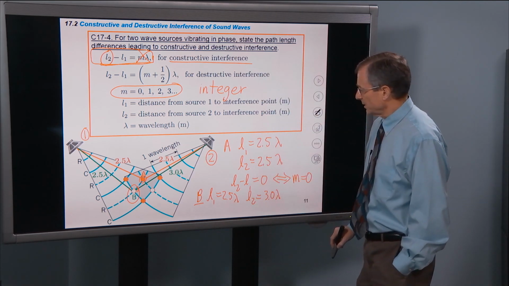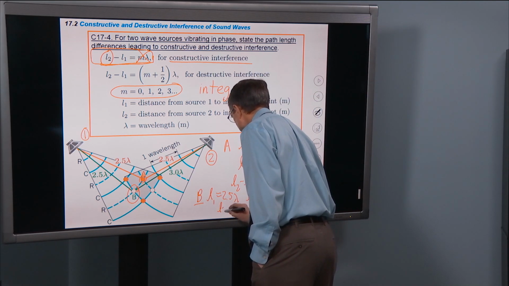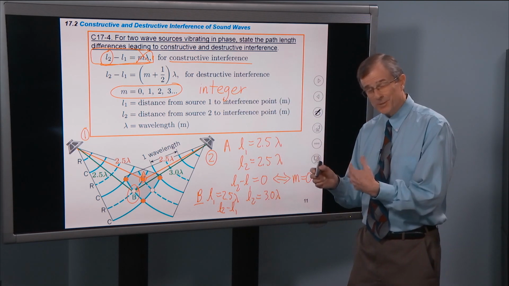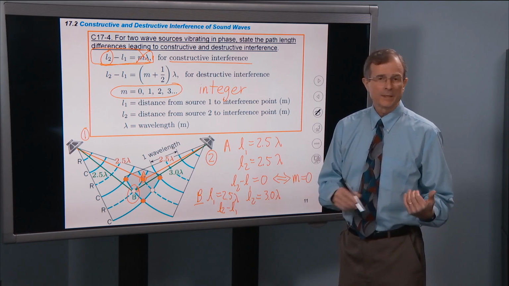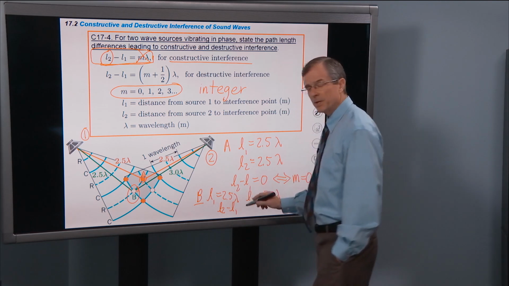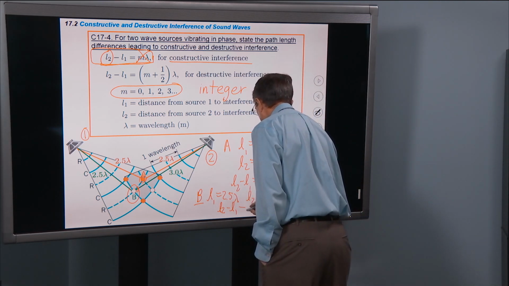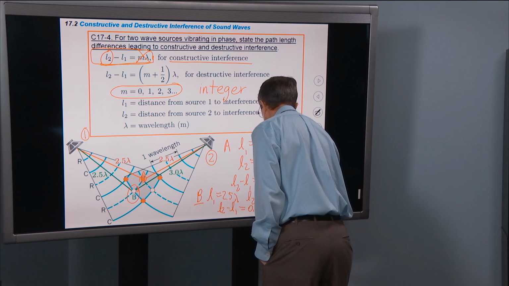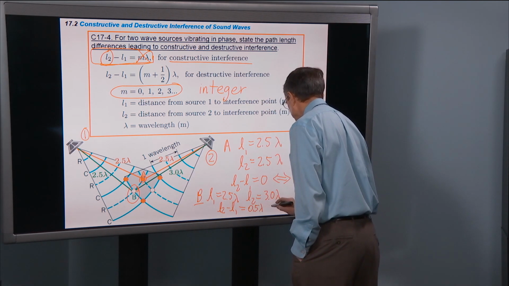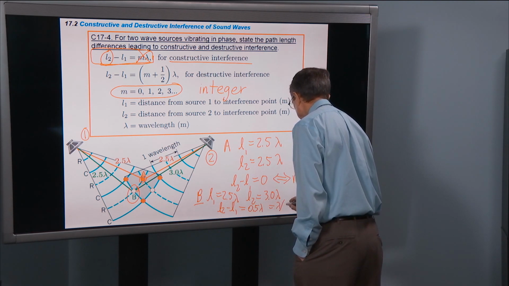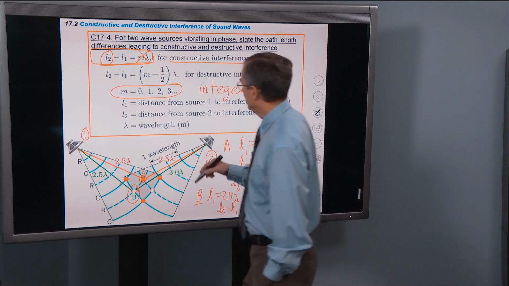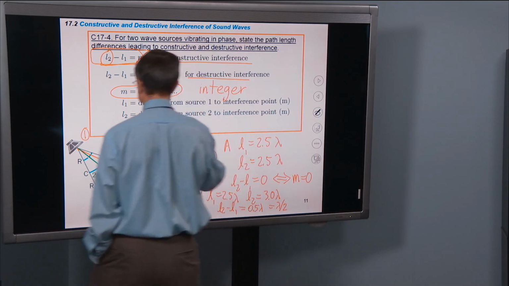What's L1 minus L2, or L2 minus L1? Like I said, we generally take as a convention L2 bigger than L1 if they're not the same as each other. Well, L2 is 3 lambda. L1 is 2.5 lambda. What do you get? Half a wavelength. So this is the wavelength over 2, or 1/2 the wavelength. That's a case of destructive interference.